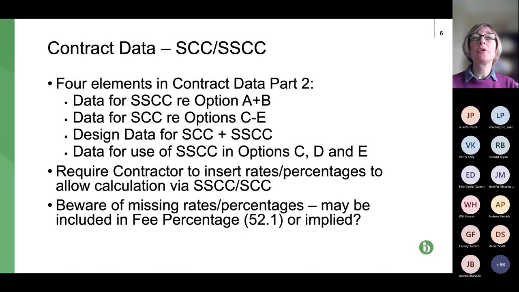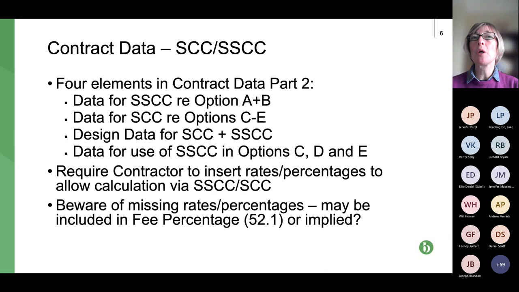So there are 4 elements in the contract data part 2, and again, bear in mind we're talking about NEC 3 here. So the first one is the shorter schedule of cost components for options A and B, because we know that's what applies for A and B for the compensation events.